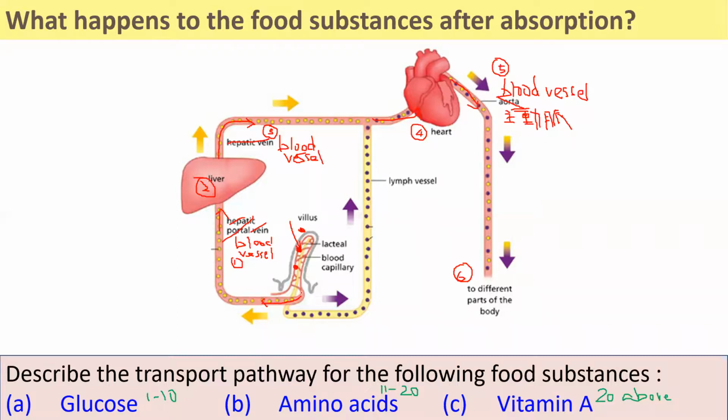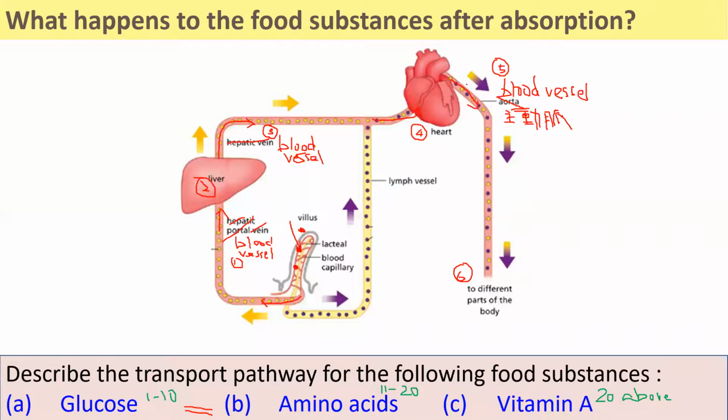And because they are absorbed into the blood capillaries, the transport pathway should be exactly the same as the pathway of glucose. Do you now understand? All right. So the answer for B should be exactly the same as the answer for A.